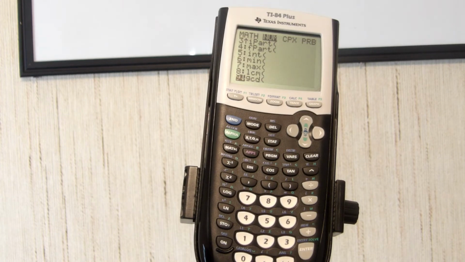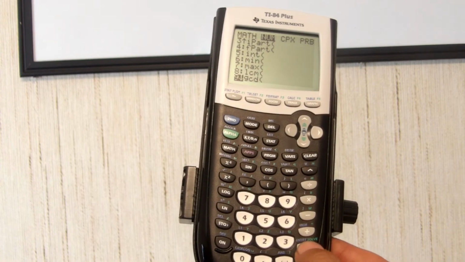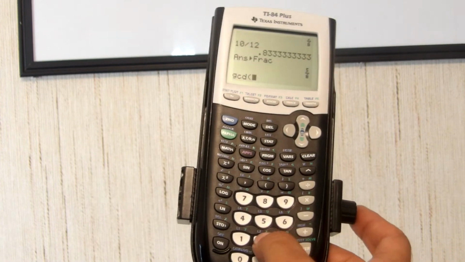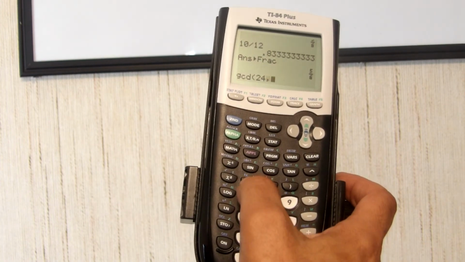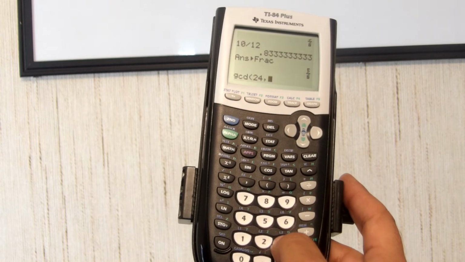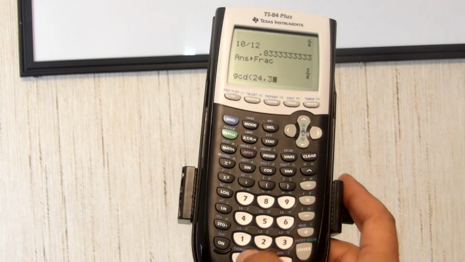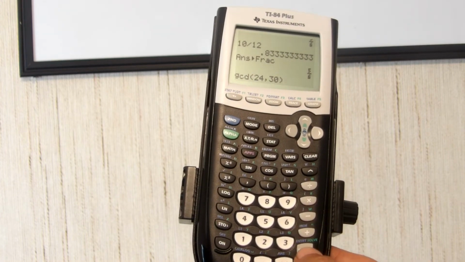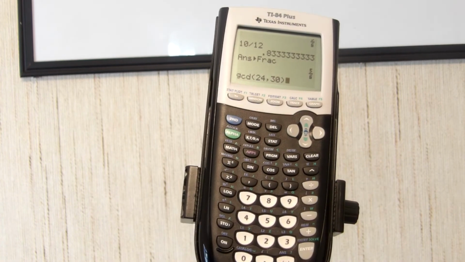So we find the GCD of the two numbers. We push enter, and then we write these two numbers there, 24 comma 30. It's going to be 6.